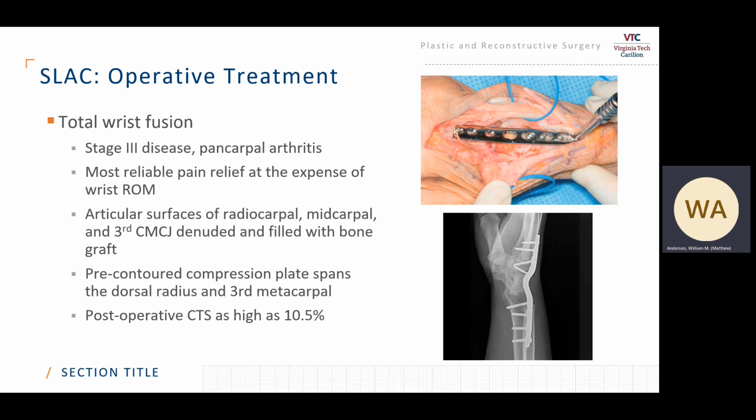Following this, generally a pre-contoured compression plate is used to span the dorsal radius and the third metacarpal. And then notably, post-operatively, as high as 10.5% of patients that undergo total wrist fusion will develop carpal tunnel syndrome. So it's important to rule out any pre-existing carpal tunnel syndrome prior to fusion.